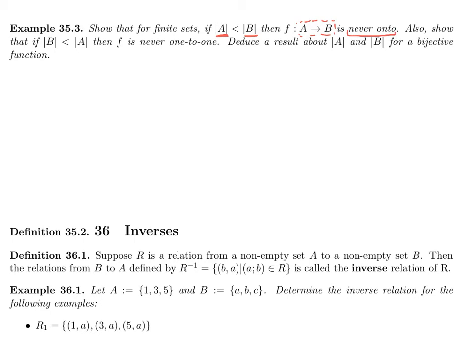And in the opposite direction, if the codomain is smaller than the domain, then f is never 1-to-1. So the result we want to deduce is, for a function to be bijective, what can we say about the sizes of a and b using these two things? I'd say pause the video now and see if you can prove this.